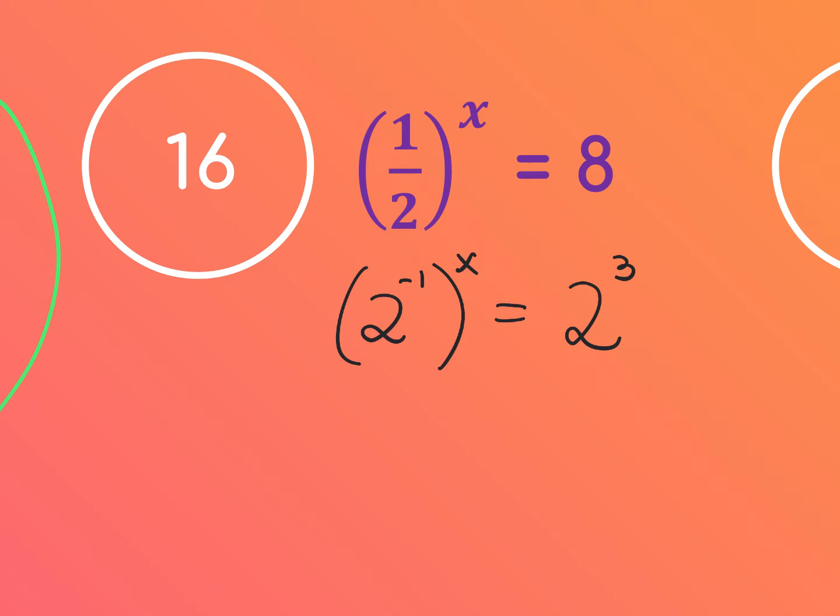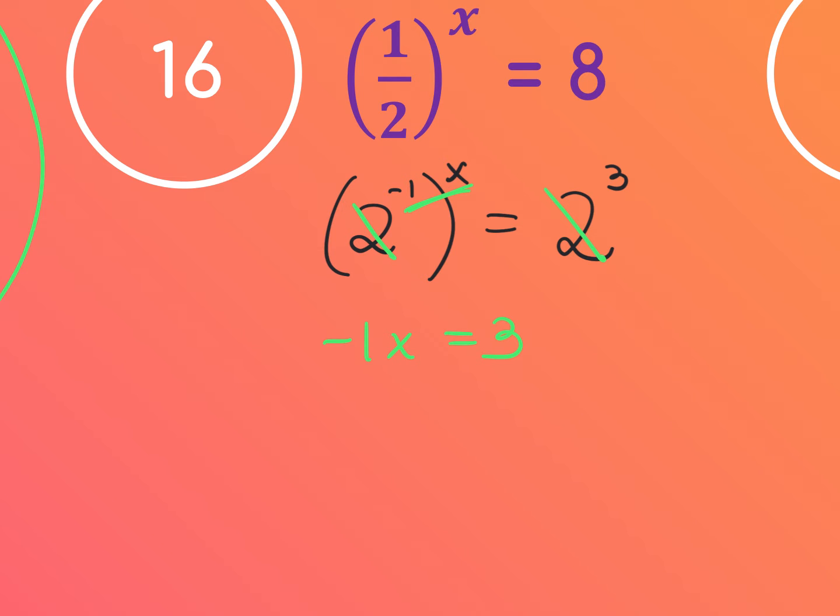Now that I have the same base, get rid of the 2's. We're going to use our exponent rules. Remember, when you have a power raised to a power, we multiply. So negative 1 times x is negative 1x equals 3. I need to solve for x, so I divide both sides by negative 1, and x equals negative 3.